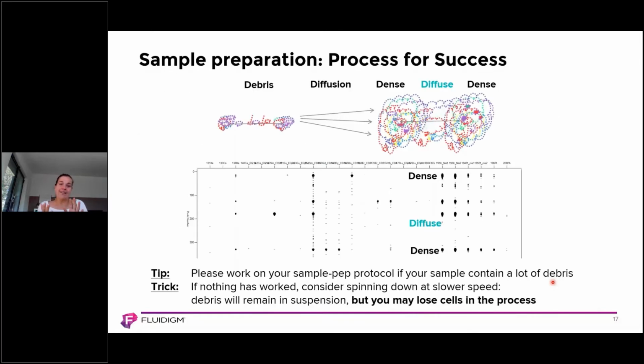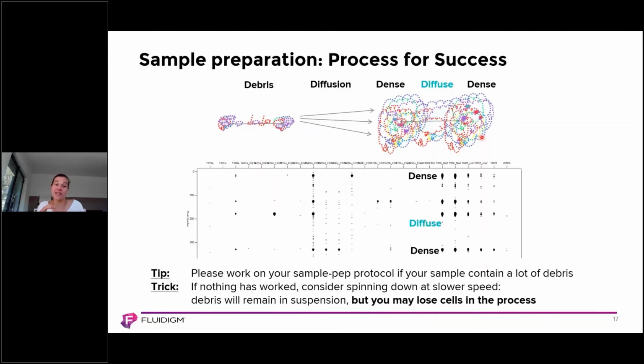So why is debris super annoying in mass cytometry? I think it's the same in classical cytometry. If you have debris, you will have a diffuse signal like here, and you can also have some debris sticking to your cells.